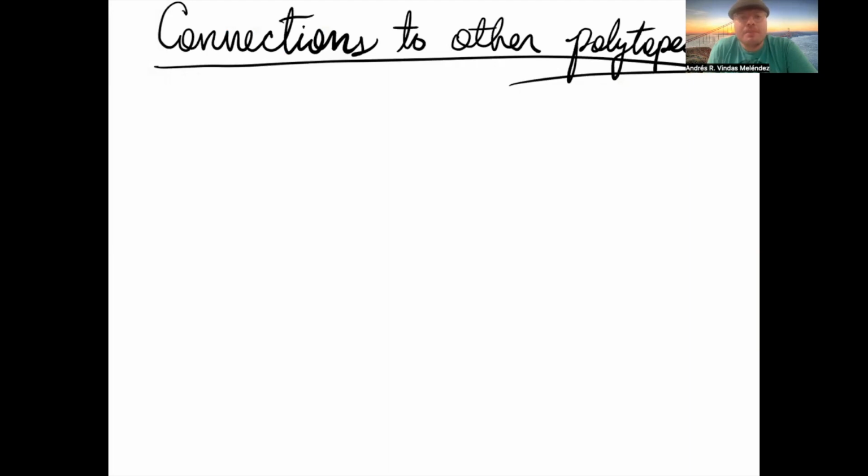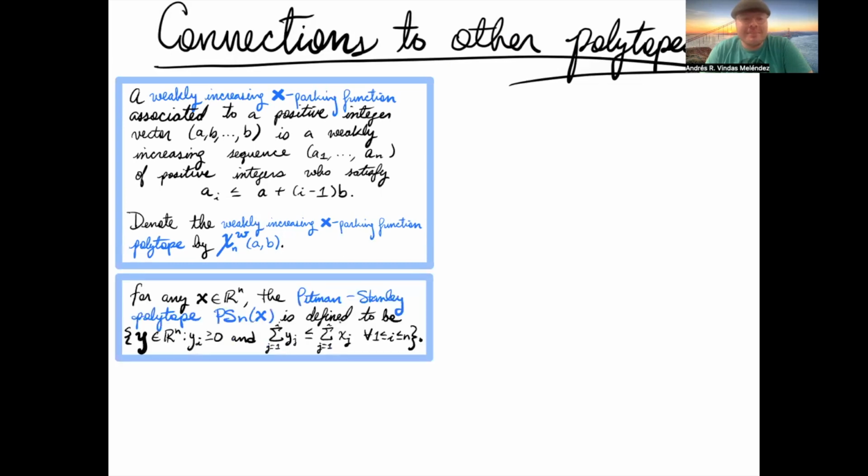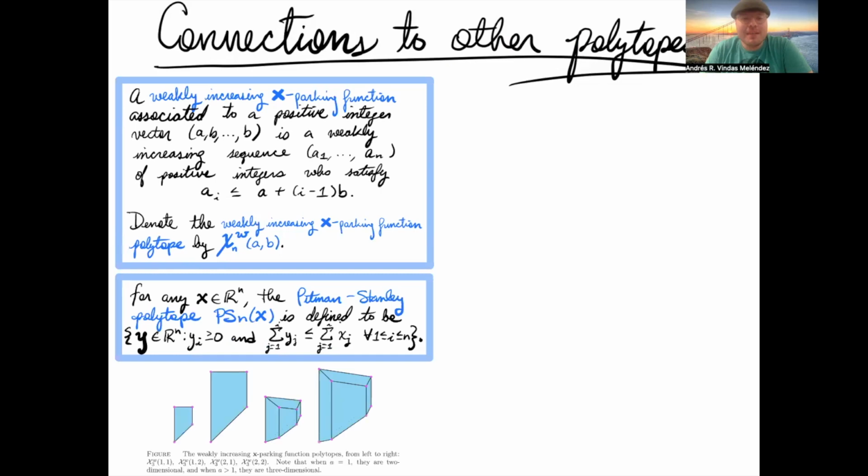And this polytope also presents the opportunity to connect it with other well-known polytopes. If we look at the weakly increasing X parking functions, and again we take their convex hull, then this polytope is related to a polytope that has been well studied in the literature, known as the Pitman-Stanley polytope.